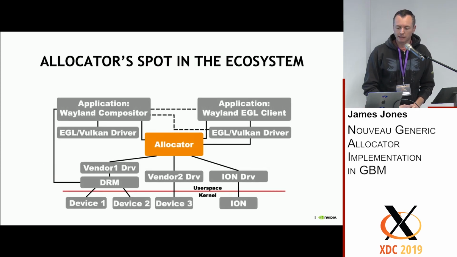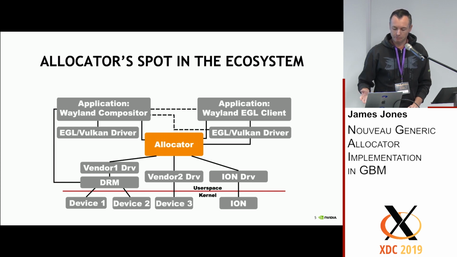So with that set of goals in mind, I came up with a prototype implementation that I presented at XDC 2017. That prototype implementation was a standalone library. And this is the idea I had of where it would fit into the existing graphics ecosystem on Linux.